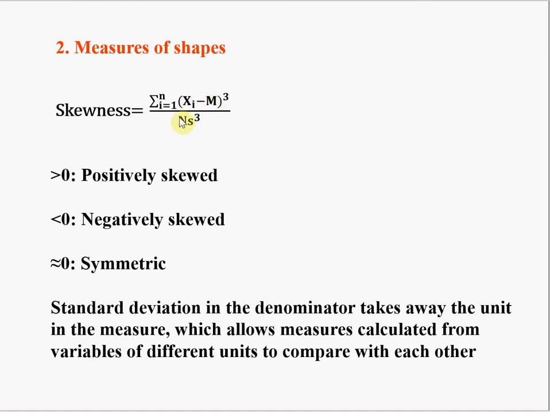At the bottom is n multiplied by the sample standard deviation raised to the third. When this measure is larger than 0, when it's a positive number, this data set is positively skewed. When this number is negative, the data set is negatively skewed. When this index number is close to 0, we have a symmetrical distribution.